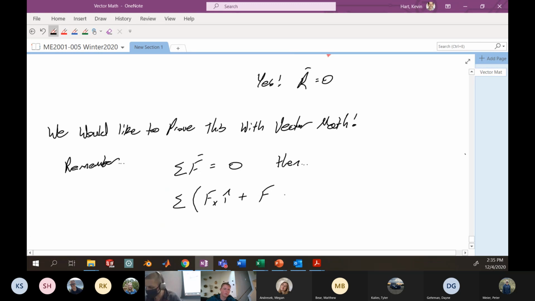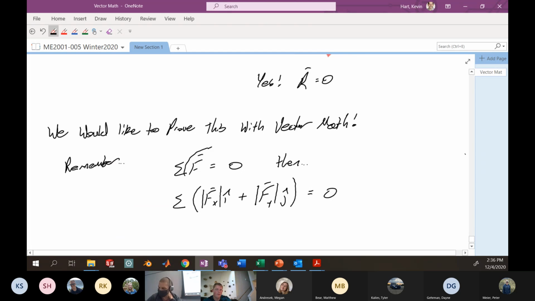Let's make sure we're clear with magnitudes here. Magnitude of forces in the x direction in the I plus magnitude of forces that we have in y in the j hat would also be equal to 0.